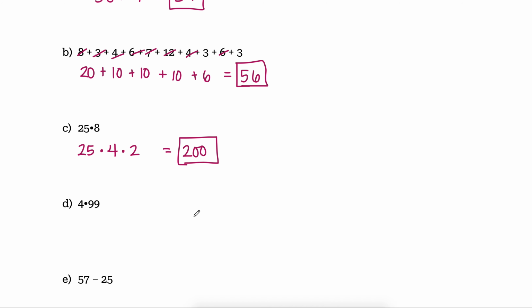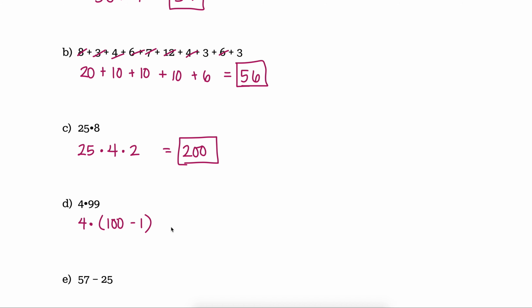With this next one, we have 4 times 99. So how do we work this one if we're dealing with these multiples of 10? What you can do is rewrite that 99 as 100 minus 1. And then we can use the distributive property.